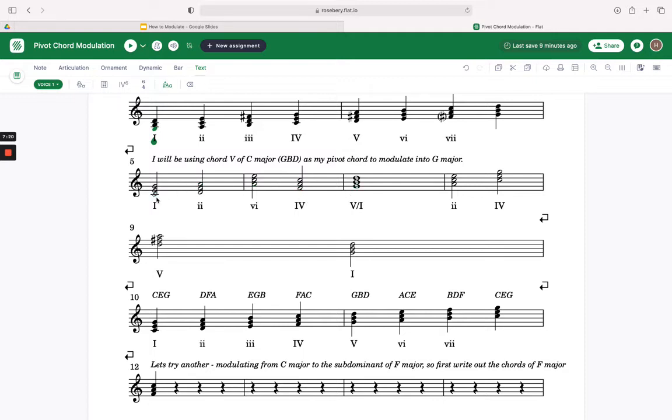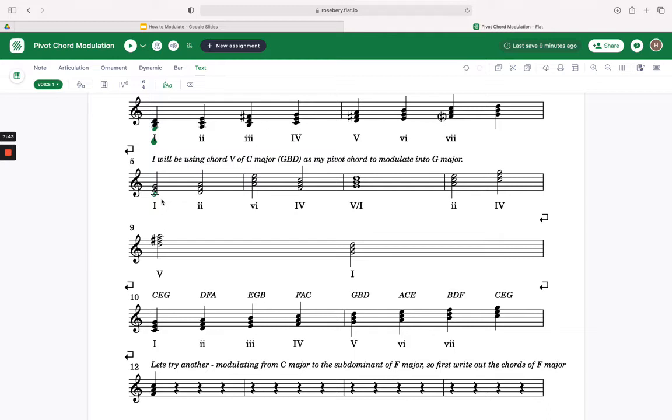This is in the key of C major. Now the reason why this has 5 and then 1 is because this is my pivot chord. So this is G, B, D, chord 5 in C major and chord 1 in G major.